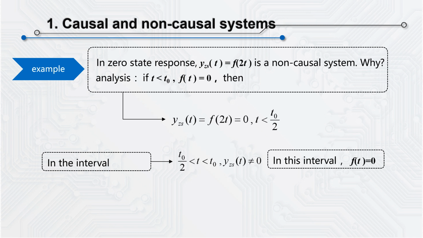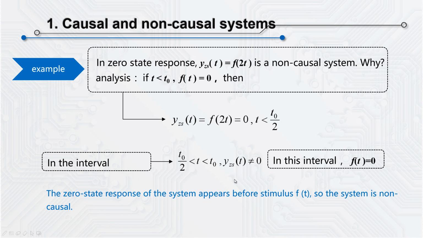That is to say, when t is greater than t0 over 2 and less than t0, in this interval, y_zs(t) is not equal to 0, but f(t) is equal to 0. It can be found that the zero-state response of the system appears before the stimulus f(t), so the system is a non-causal system. That's the content about causal and non-causal systems.